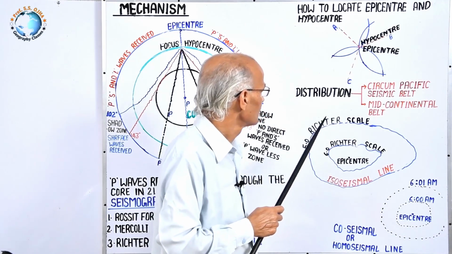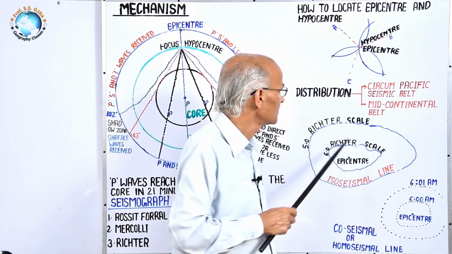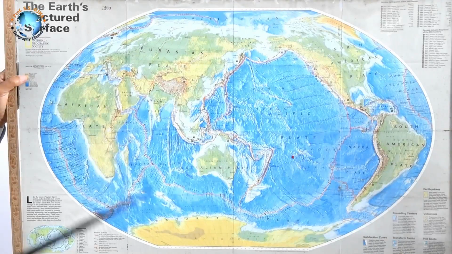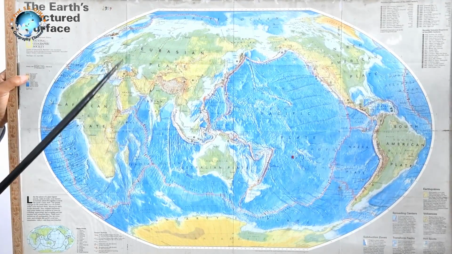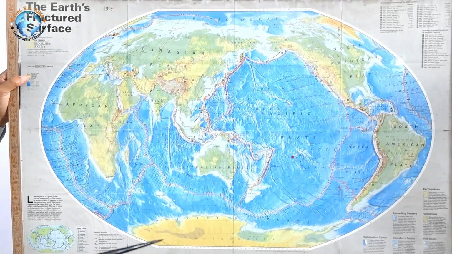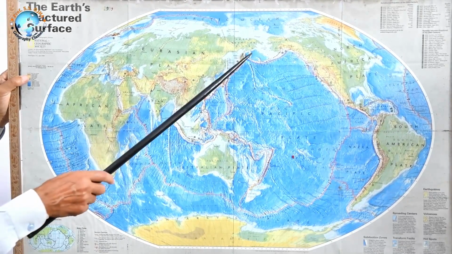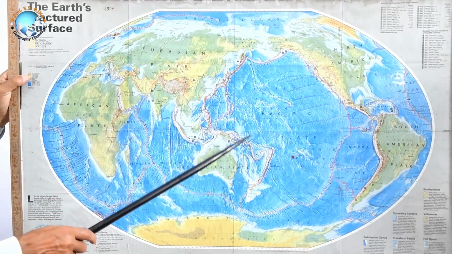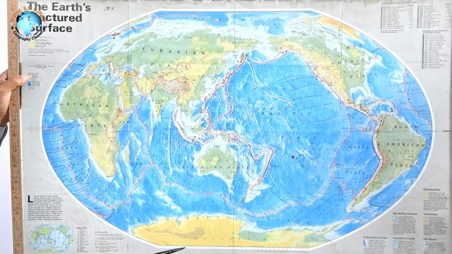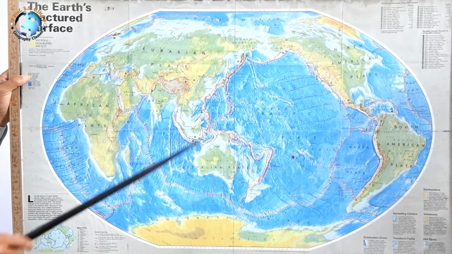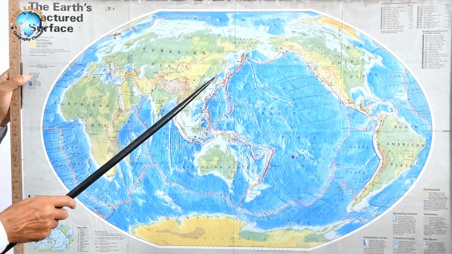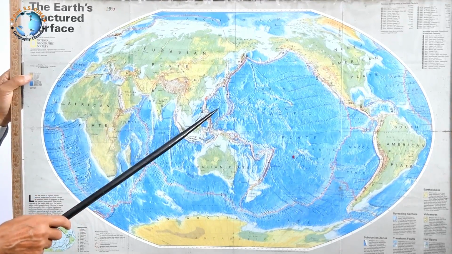Now, let us study the distribution of earthquakes in the world. In the distribution of earthquakes in the world, there are two main belts. Number one is the circum-Pacific seismic belt. Why earthquakes? Here, because there is a destructive plate margin between the Eurasian plate and the West Pacific plate.